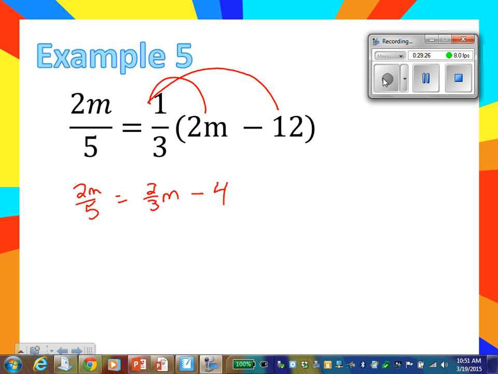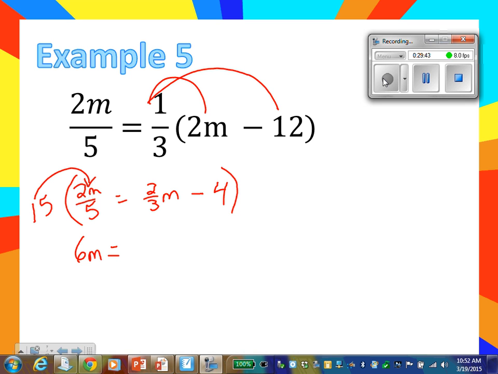Okay, step 2. How do I get rid of my fractions? Multiply by a common denominator. What can 3 and 5 both fit into? 15. So when I times this by 15, I end up with 6m. And everybody says, I thought they were just going to cancel and you drop the numerator.